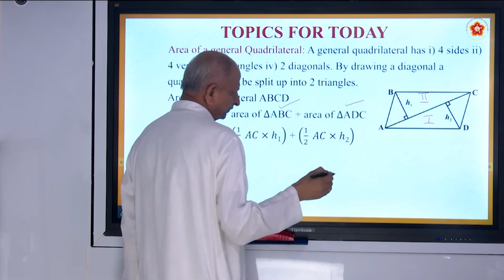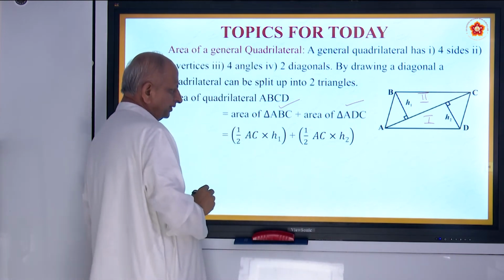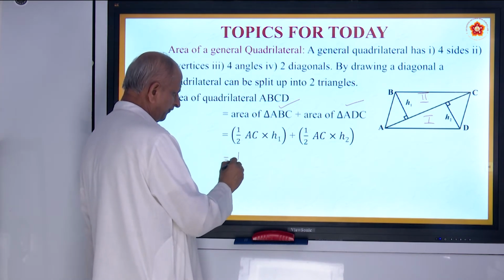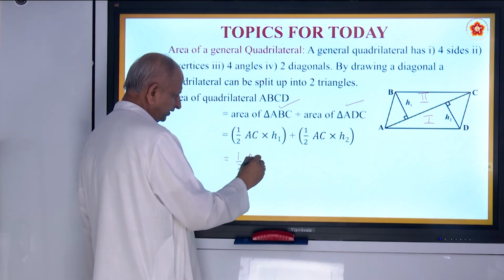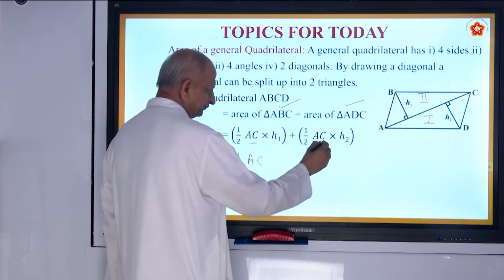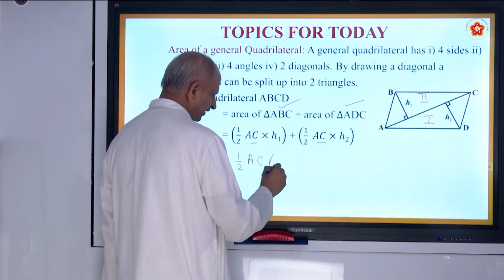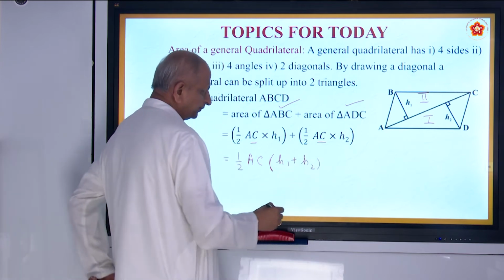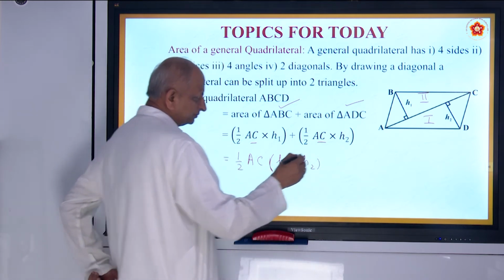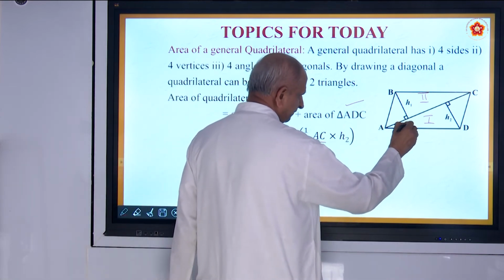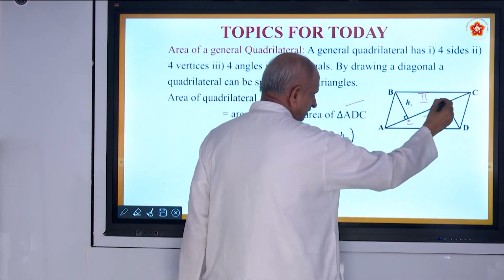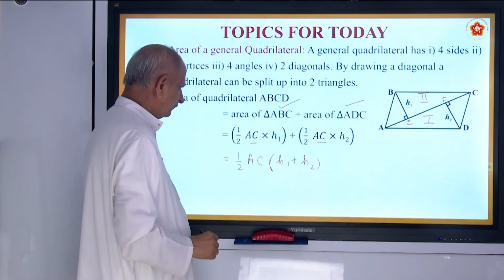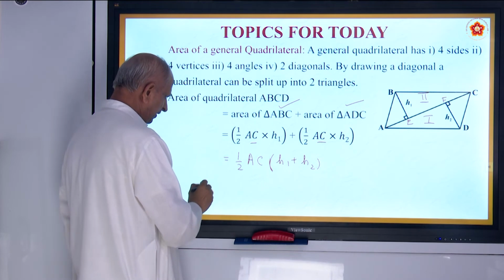Correct? So, that's what you have written here. Now, what is common here? Half of AC is common, correct? AC is common. What remains inside? H1 plus H2. If you want, you can give a name also. This you may call BE and this you can call DF also. Both are the same. So you get a beautiful formula.